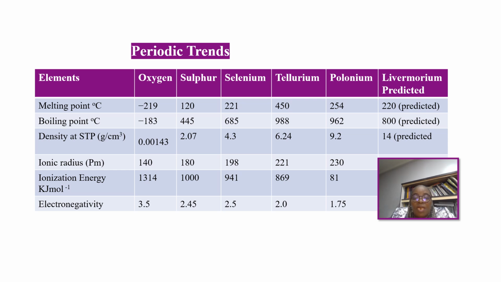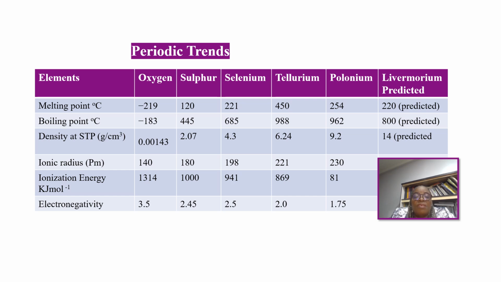Among the chalcogens, oxygen is known to have the lowest melting and boiling point. It also has the lowest density. Density increases down the group.